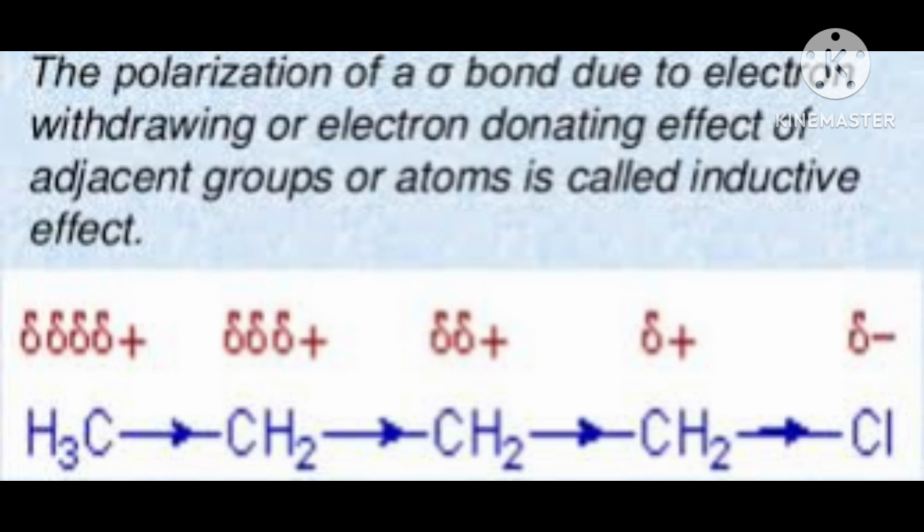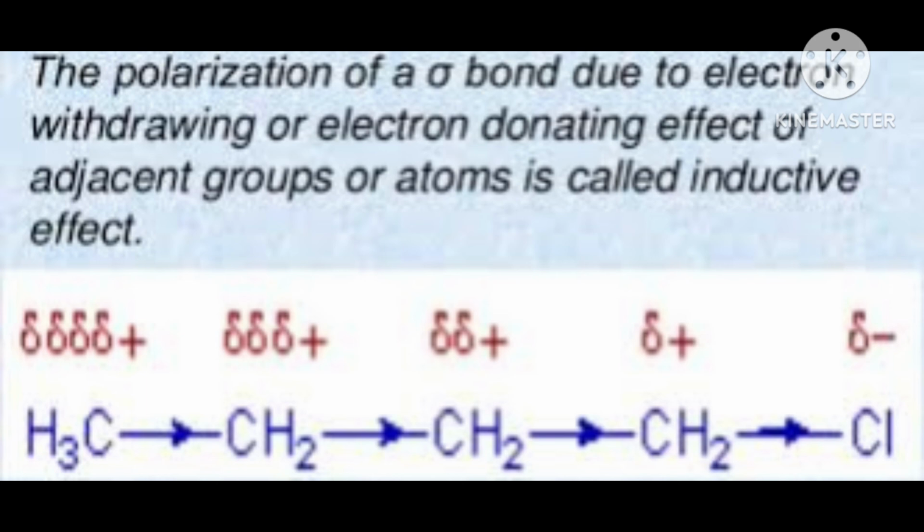The inductive effect is related to the ability of substituents to either withdraw or donate electron density to the attached carbon atom. Actually, this effect depends on what type of substituent is there.